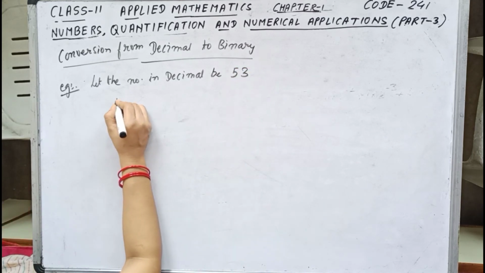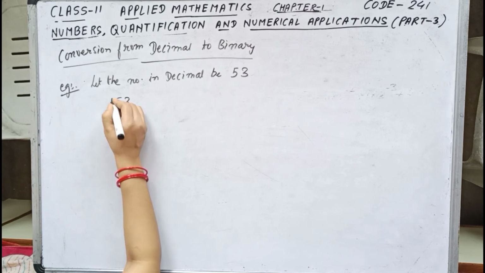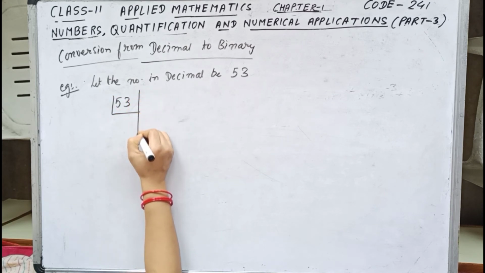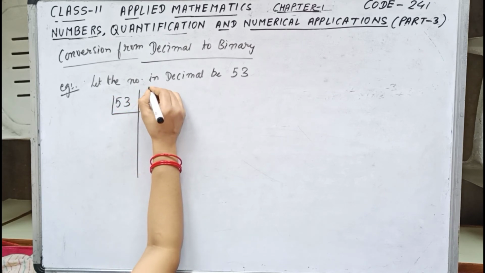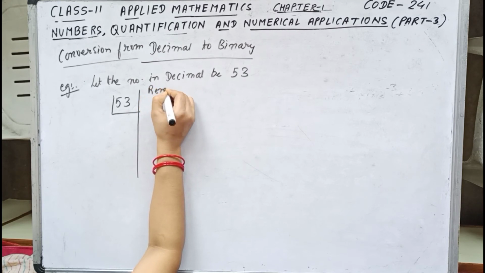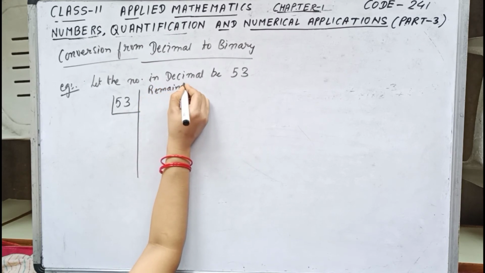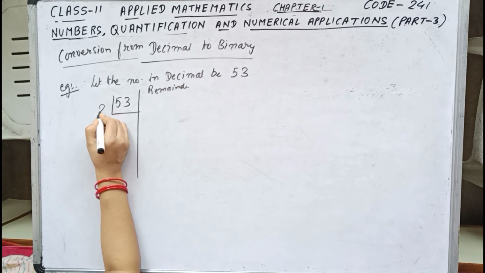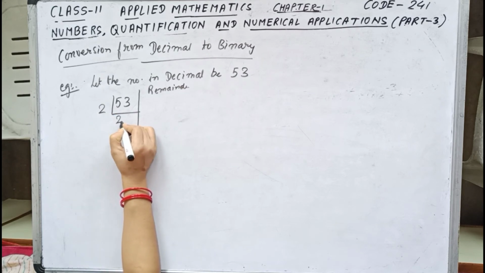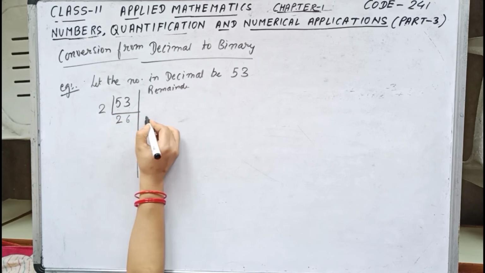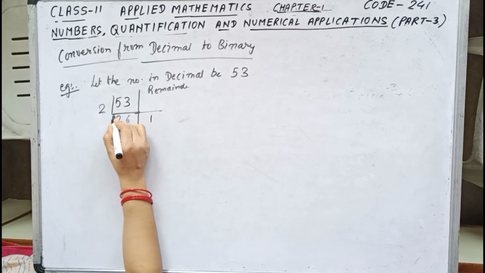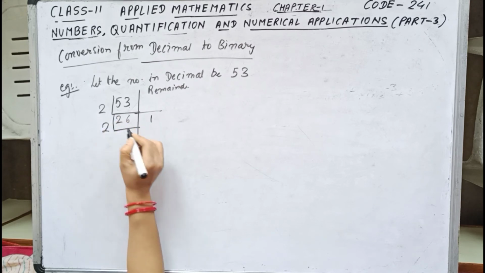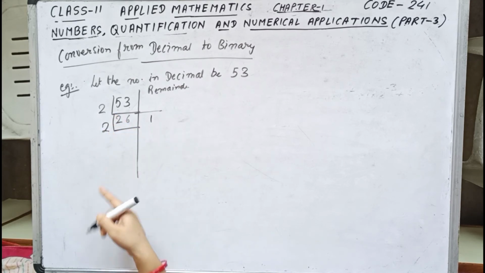Okay, we will be dividing 53 by 2. But we will be making a column over here for the remainder. So when we divide 53 by 2, 2 26s are 52, remainder will be 1. Again if I divide this by 2, means we will continue dividing by 2 only.